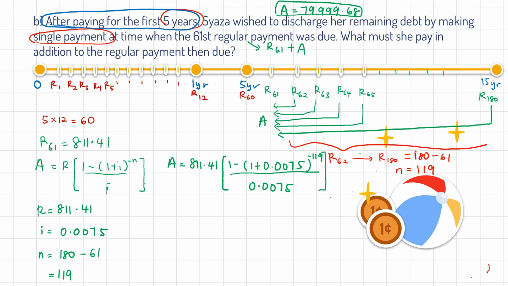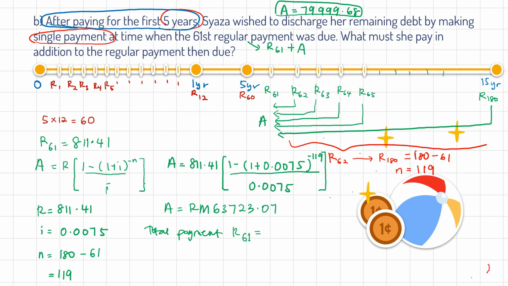Then just press your calculator and you will get A equals RM 63,723 and 07 cents. Which means that the additional amount that she needs to pay on R61st is 63,723 and 7 cents.